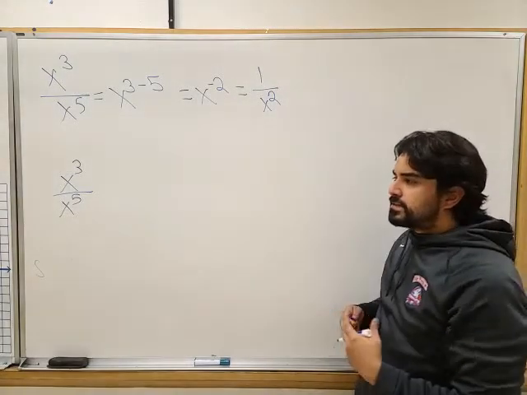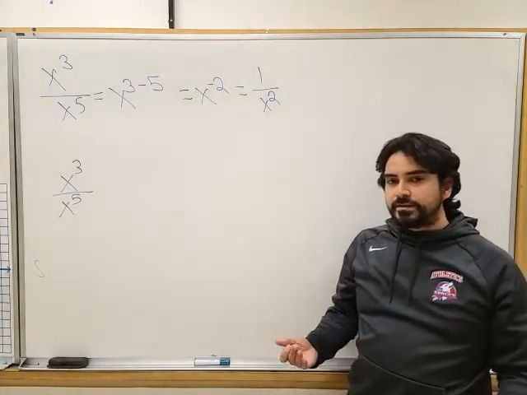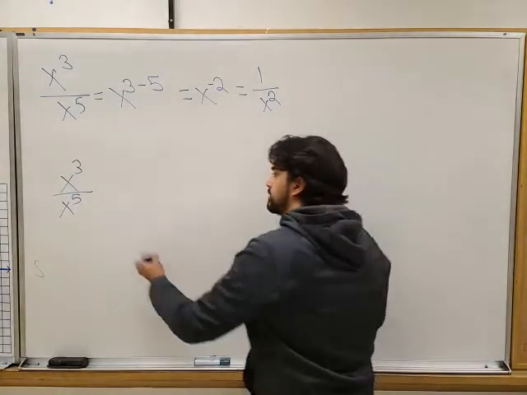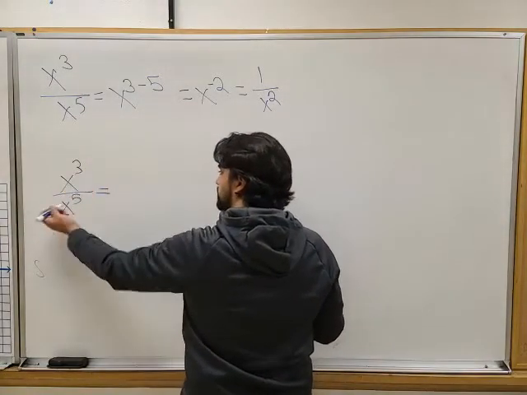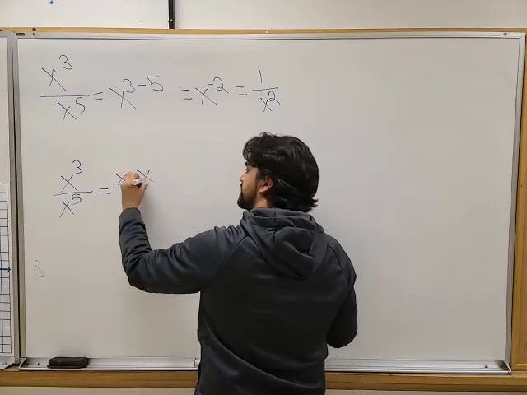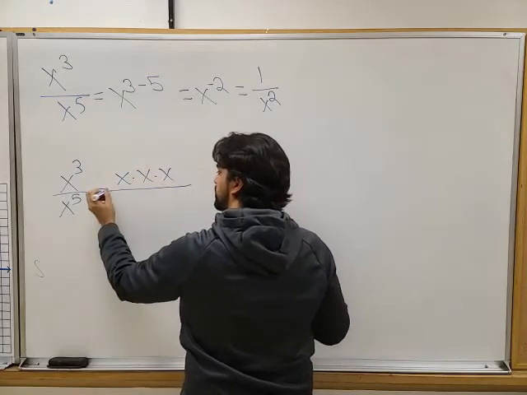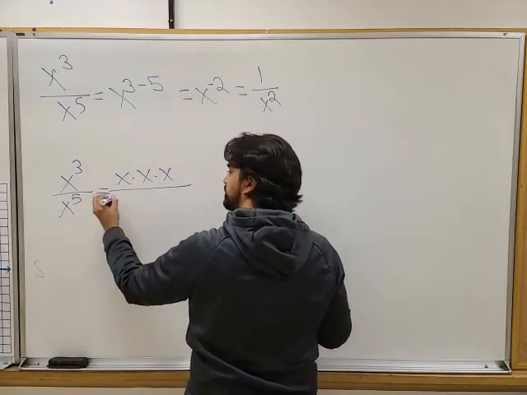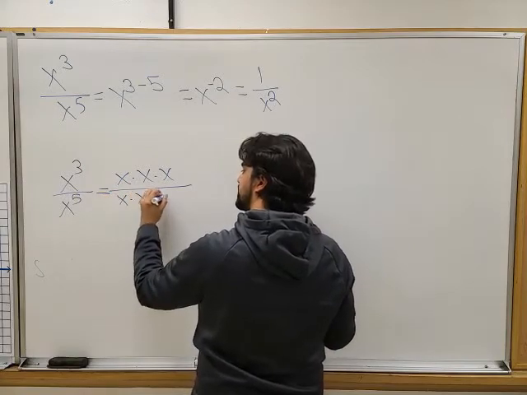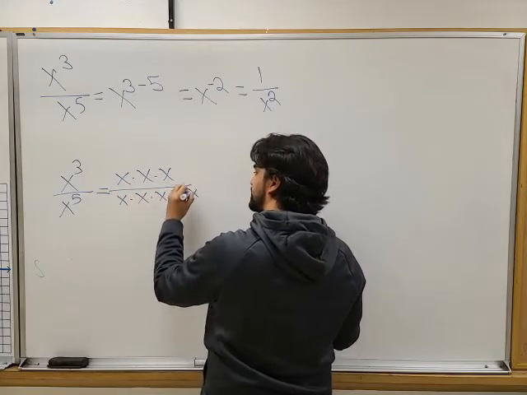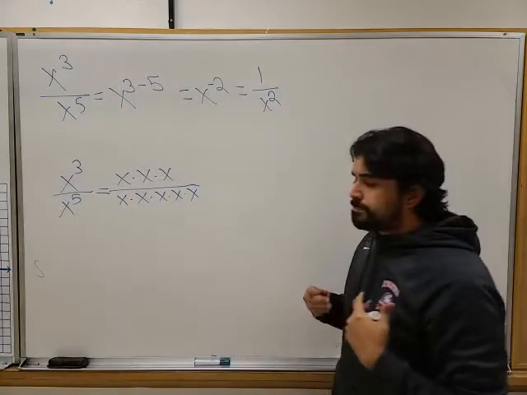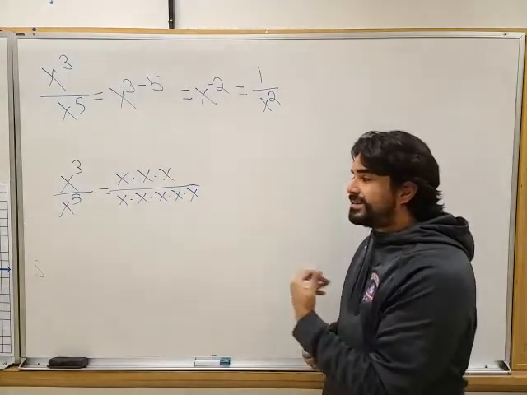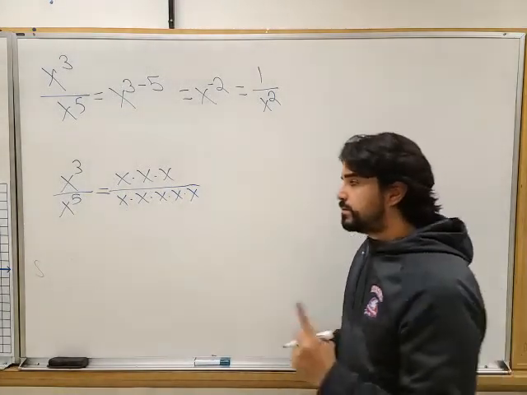But let's go ahead and try expanding it. We have x to the power of 3, so we're multiplying x times x times x, over x to the power of 5, which is x times x times x times x times x. Remember, anything divided by itself is 1.